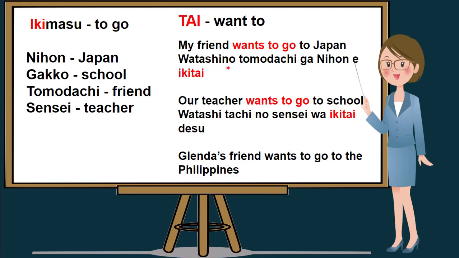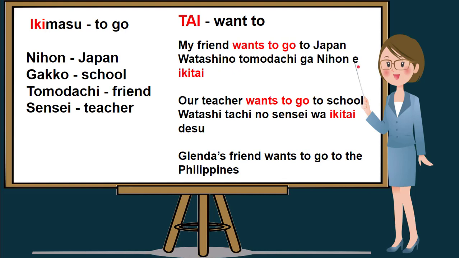Watashi no tomodachi. In this sentence, we will be using ga. Ga is a particle that connects the subject and the place. So Japan is Nihon, and of course, we will also be using e, which is a particle that will be used for a place.